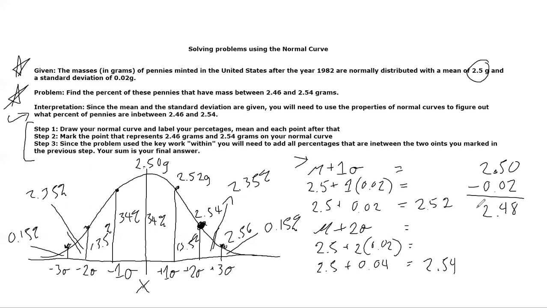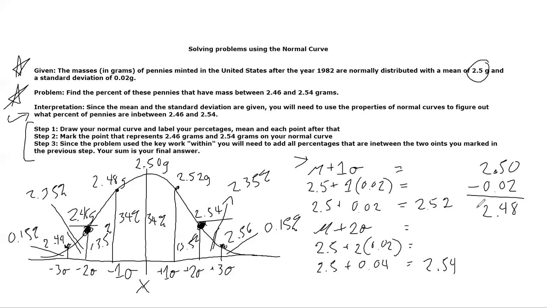We always put the bigger number first. 2.48 grams. This is minus 1 standard deviation. The next one would be 2.46 grams because we're going down by 0.02 every time. And the 2.46 is important because that's what they were asking us in the problem. So I'm going to mark it real dark. The other one, 2.44. We're not going to need that, but it's there. Now my curve is complete. We're going to move on to step 3.